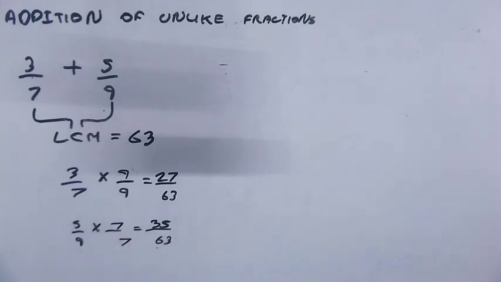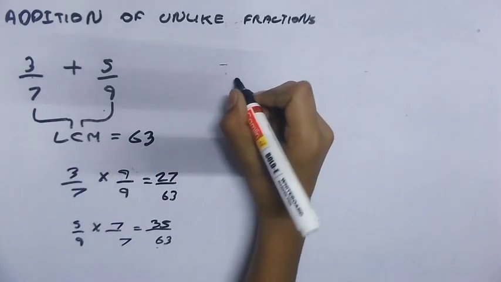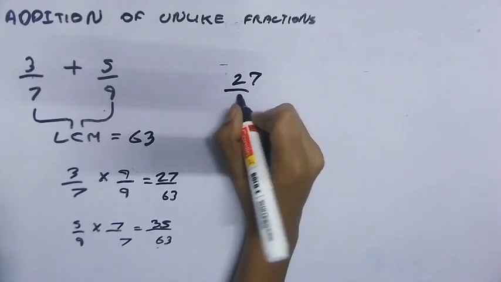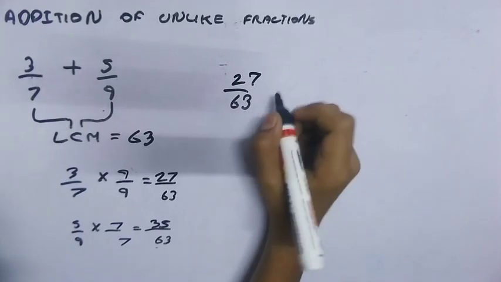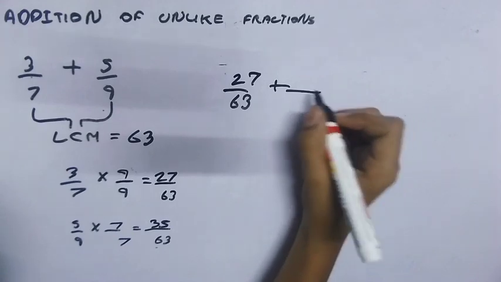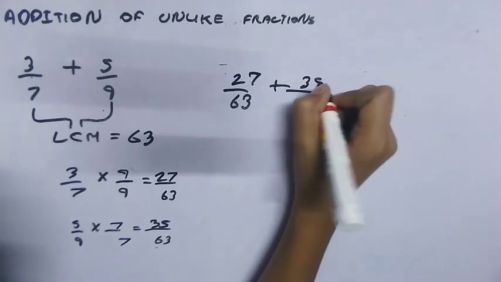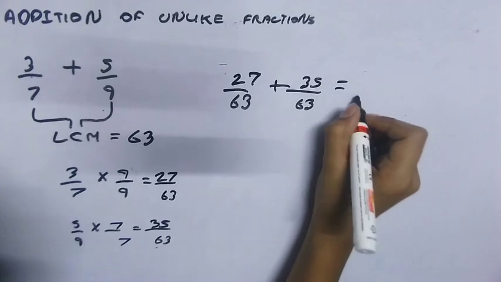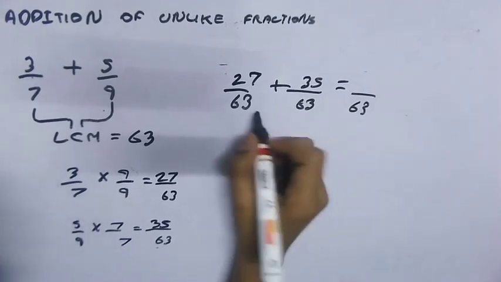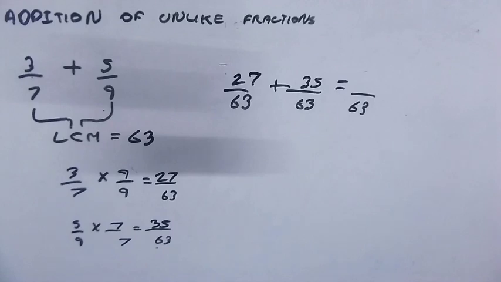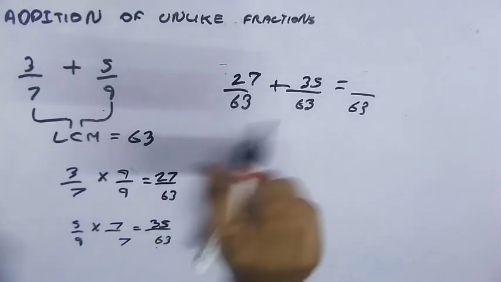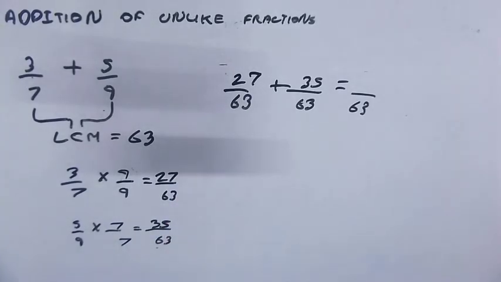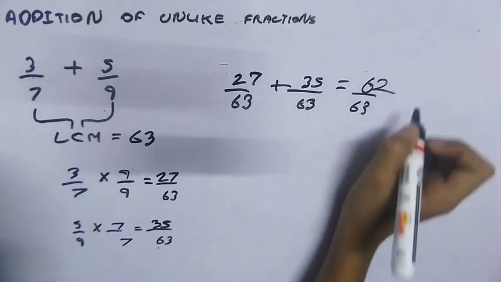You add both, 27 by 63 plus 35 by 63 equals, the denominator will be 63 as both denominators are 63, and 27 plus 35 would be 62.